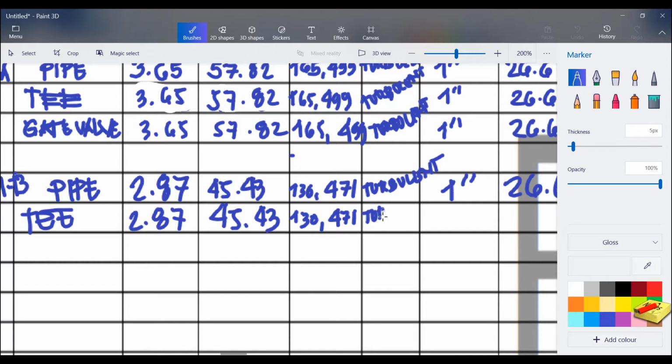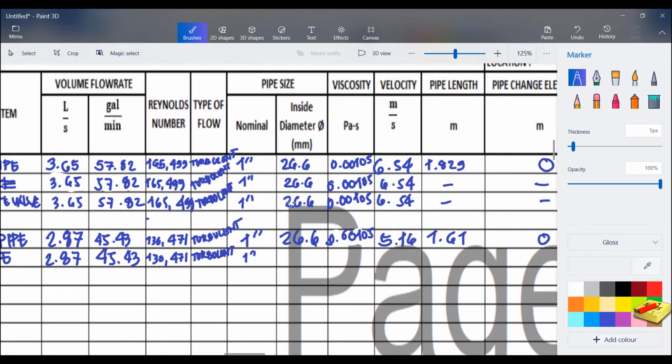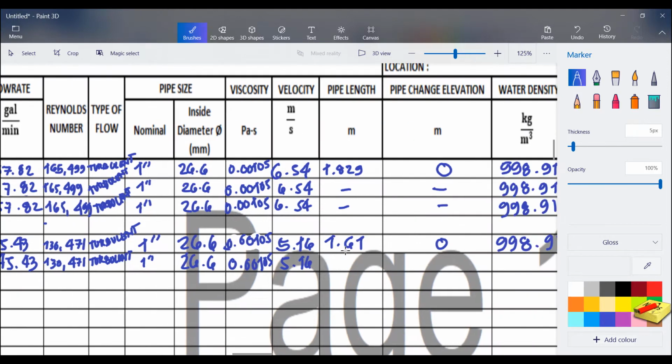So we have your turbulent flow. So size is 1 inch. Then also here is 26.6. Viscosity is 0.00105. Velocity is 5.16. The pipe length, so blank.